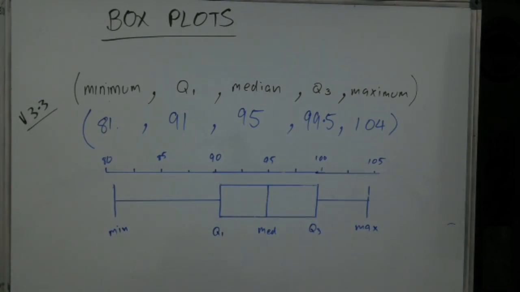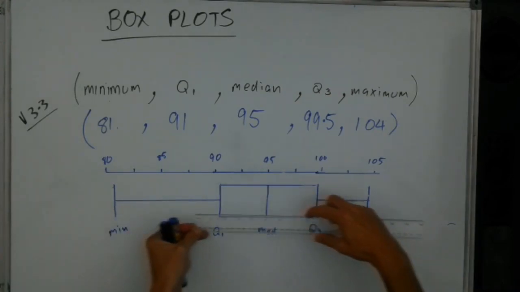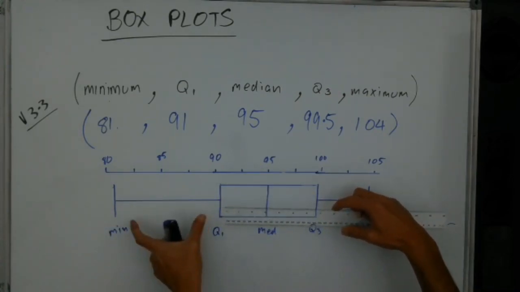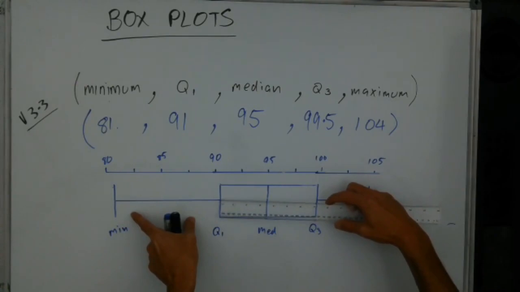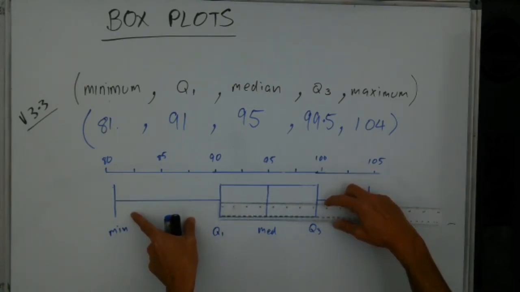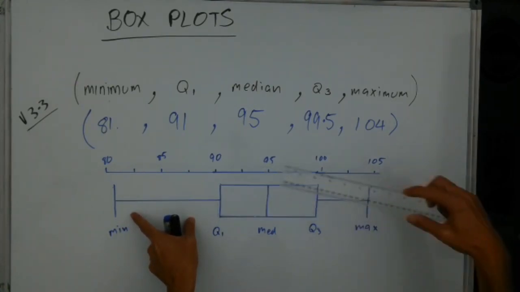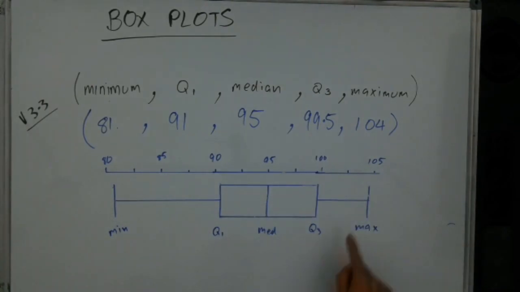So from this, I suppose the shape of it, about the spread of the data, because this tail is longer, probably the bottom quarter is bigger than the middle 50%, and the top little section is much smaller.